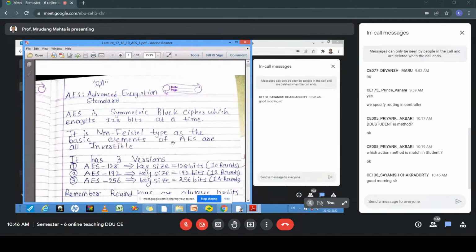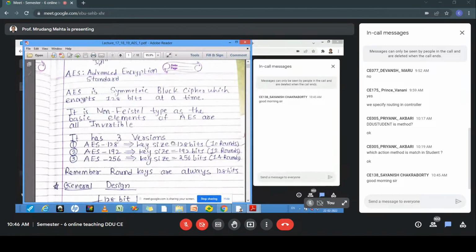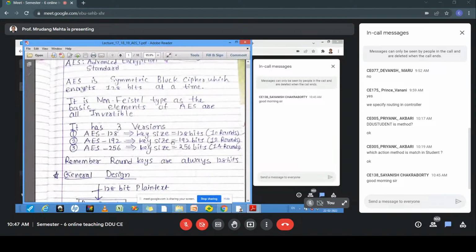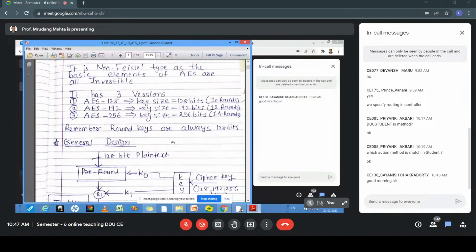Advanced Encryption Standard is a symmetric block cipher which encrypts 128 bits at a time. It is a non-Feistel type, as the basic elements of AES are all invertible. In Feistel type structure, like in DES, there are elements which are non-invertible, right? So non-Feistel has all elements invertible.